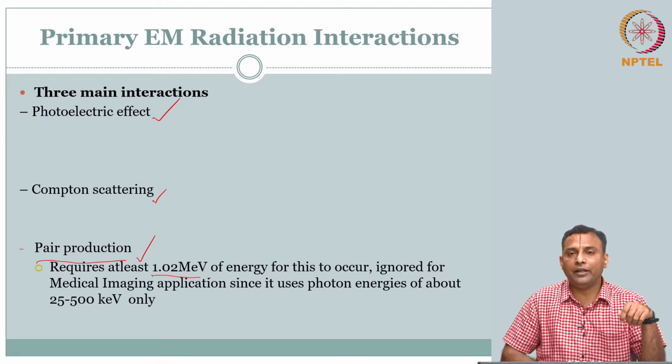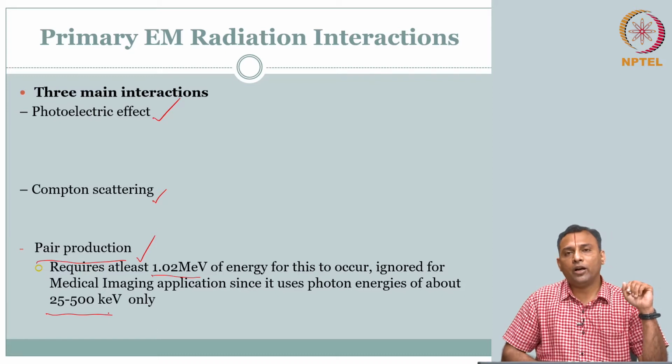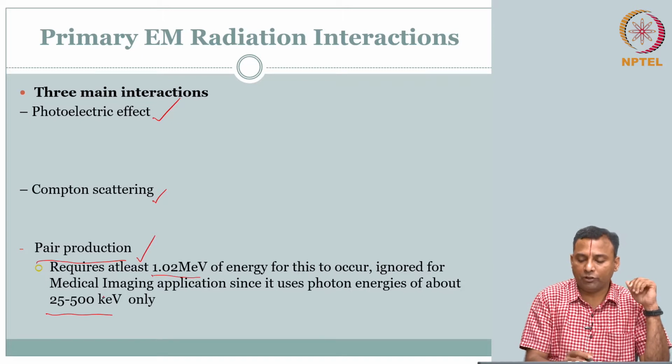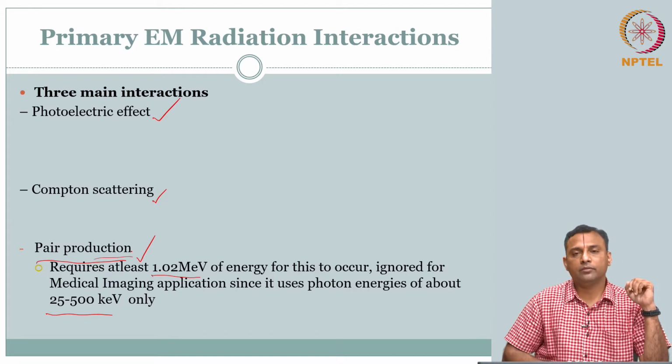Given that we are going to deal with X-ray imaging systems or even gamma rays, we are not going to go beyond this range, like kiloelectron volts, hundreds of kiloelectron volts. Therefore, for practical purposes in medical imaging, we will not be bothered about pair production.